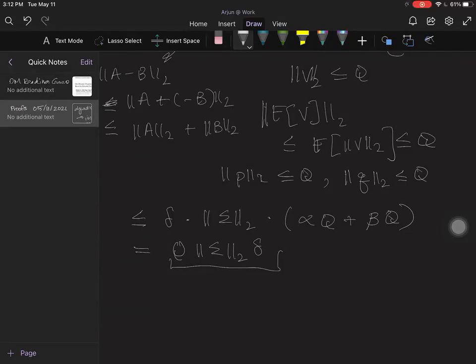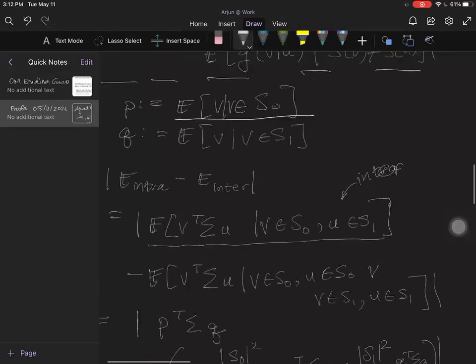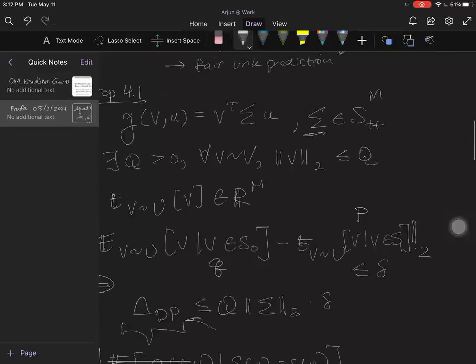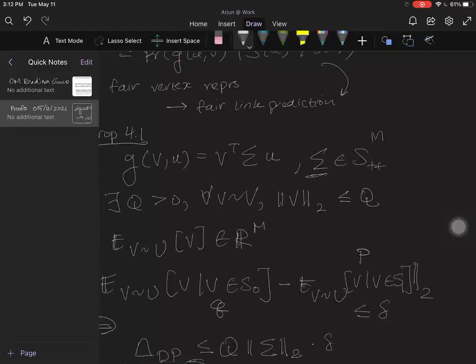Sigma is just any positive definite matrix that's used in the link prediction function. We have this definition here that the link prediction function is going to involve this positive definite matrix sigma. In most cases, we probably use the identity matrix, but it can be any positive definite matrix here.